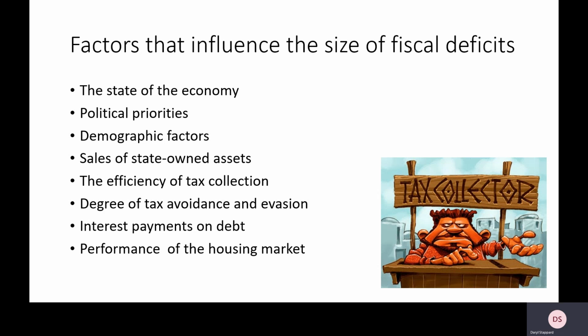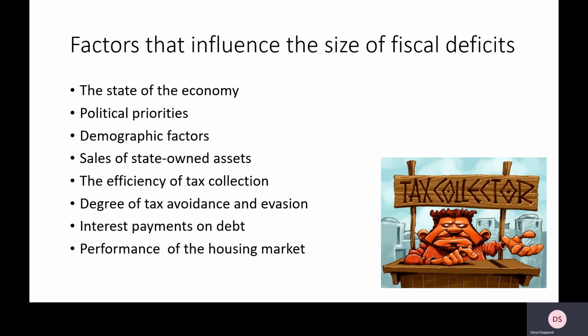Now, the next one, interest payments on debt. Now, what you would argue is if the yield or the interest on bonds are very, very low, that would encourage the government to increase budget deficits because the opportunity cost of borrowing all that money would be quite low. If the interest payments are quite high, that would incentivize the government to reduce fiscal deficits because the cost of that extra borrowing will become really, really high.